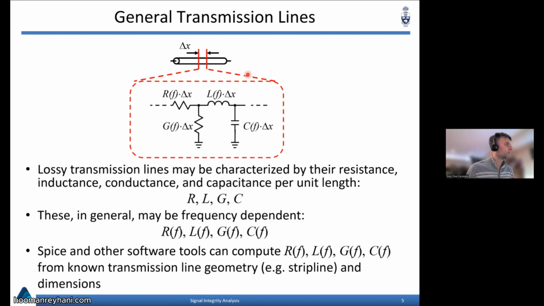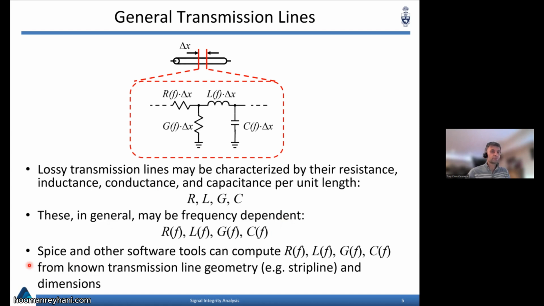So for any short interval of that interconnect, you've got a series resistance given by R times the length delta X of that portion of the interconnect. Same for the inductance, it's L times delta X, and capacitance is C times delta X. And again, all those can be modeled with some frequency dependence to capture various loss mechanisms, which we'll talk about shortly.